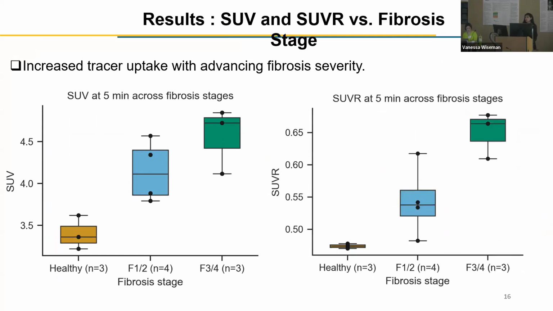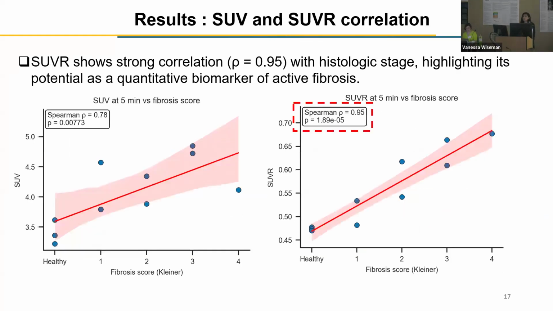Similarly, we did the same with SUVR, which shows the same trend, but with clearer and better separation between the stages. We further correlated these metrics with the fibrosis stages, and here you can see that SUVR shows a strong correlation with the histological stage, which highlights its potential as a quantitative metric of active fibrosis.